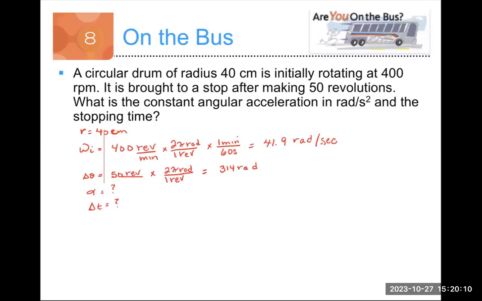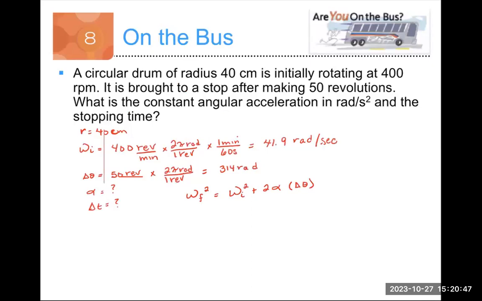Now, when we look at our kinematic equations, the best one that we can use is omega final squared equals omega initial squared plus 2 alpha delta theta. We're going to solve that for alpha.